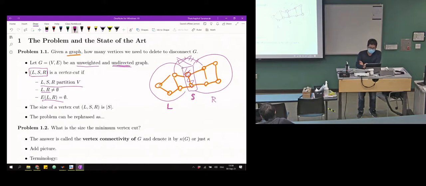Basically, if you delete S, then the graph is disconnected. The size of the vertex cut is simply the number of nodes in S.